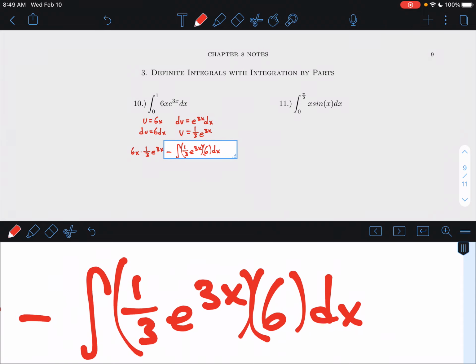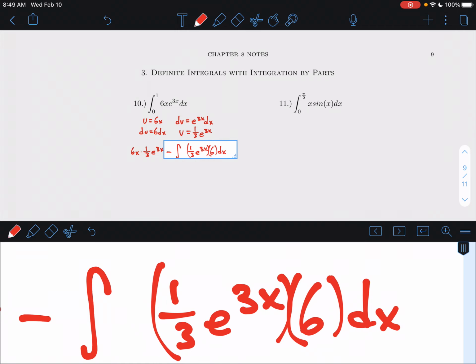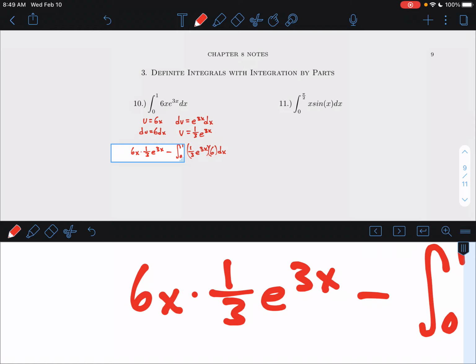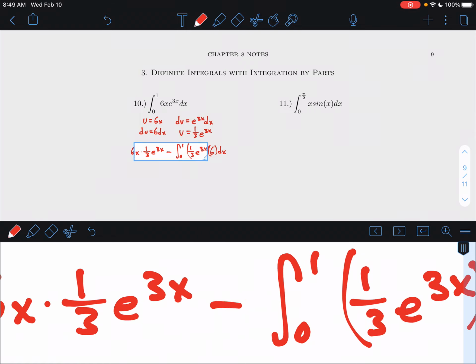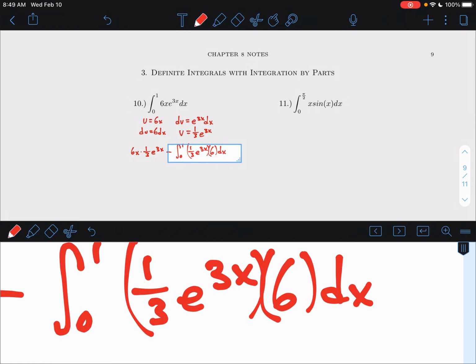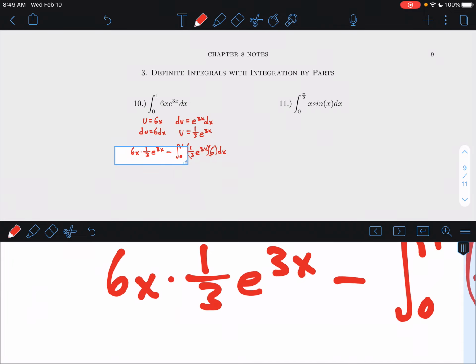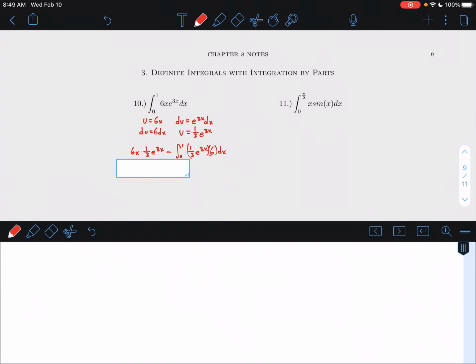And let's see. Oh, this is a definite integral. So I'm going to go from 0 to 1 there, and I will be calculating this from 0 to 1 as well. I just don't need to worry about it yet. I have 6 times that 1/3, which is 2.